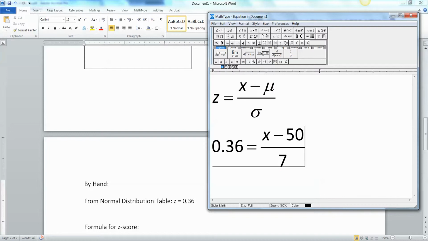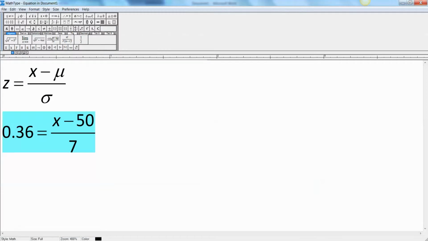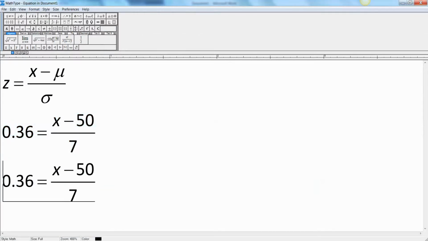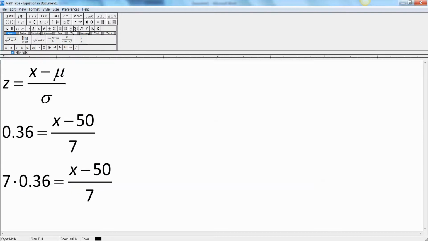Now, if you remember from algebra class, if you want to solve something like this, what you want to do is get rid of the 7. So let me bring this down here. So you're going to multiply both sides by 7. So you're going to do it over here on the right, and you're going to do it over here on the left. Oops, I just had my left and right screwed up. Yes, it's been a long day.